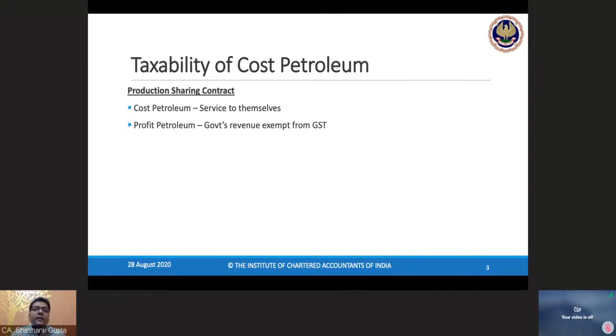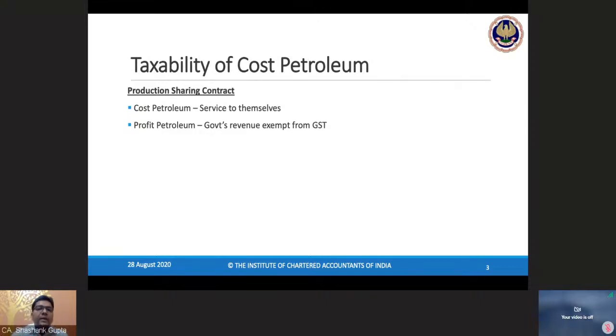So first they have the right to cover their costs, and thereafter whatever surplus is left is usually shared between the government and the entity that received the license to extract these resources. So one is giving the license for extraction.